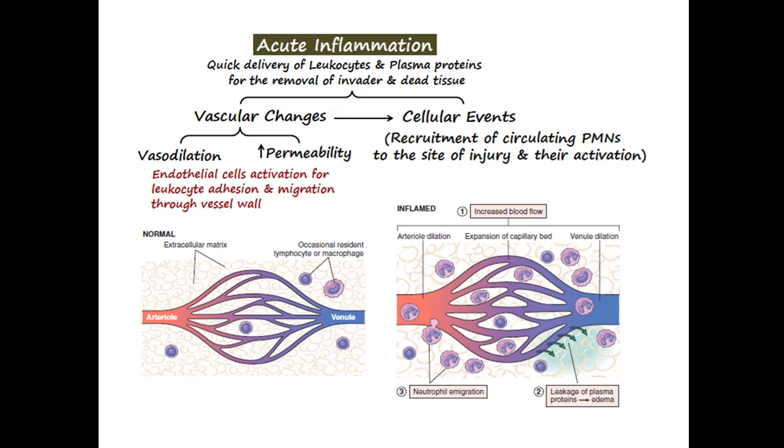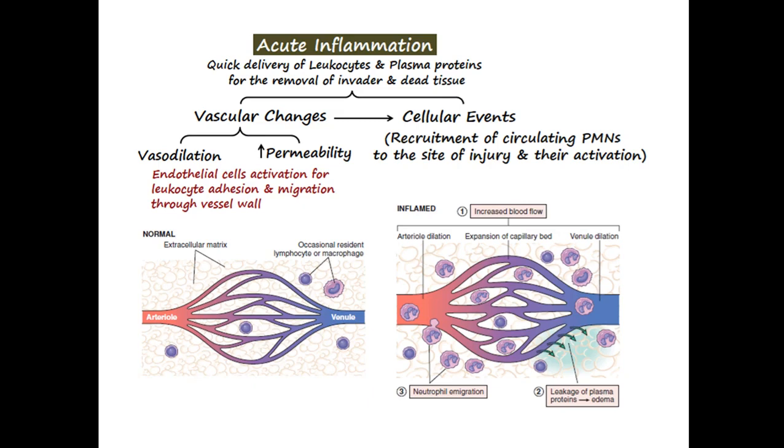The vascular changes and the cellular elements are the two components of acute inflammation, the initial components, and the purpose of the vascular changes is to ensure a quick delivery of the leukocytes and plasma proteins to fight against the invading agent or the dead tissue.